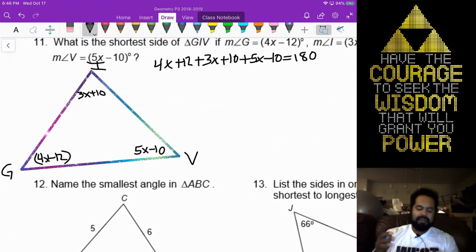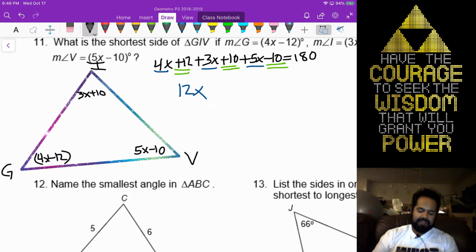Okay, so now at this point I'm going to go ahead and combine like terms. 4x, 3x, 5x. So I'm going to get 12x. Then I've got my positive 12, my positive 10, and my negative 10. The positive 10 and negative 10 are simply going to cancel out. They're going to become 0.